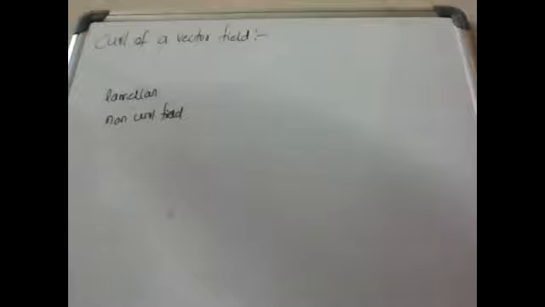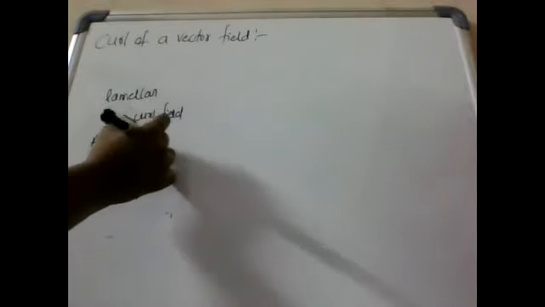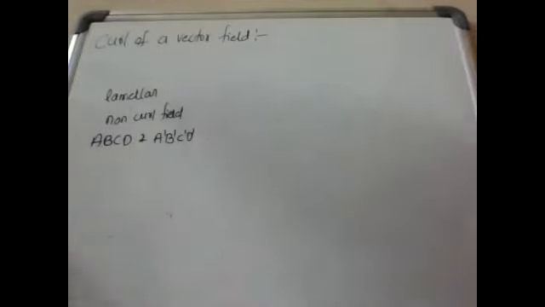Okay. For this, here we are considering two areas A, B, C, D and A dash, B dash, C dash, D dash in a uniform electric field.